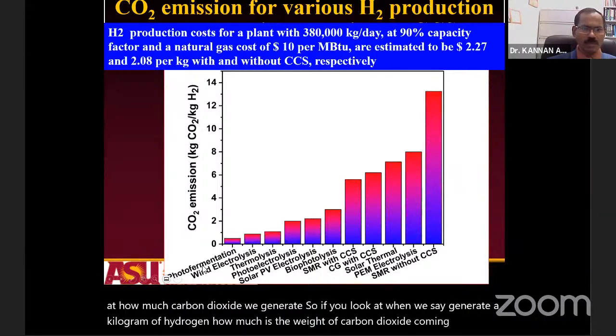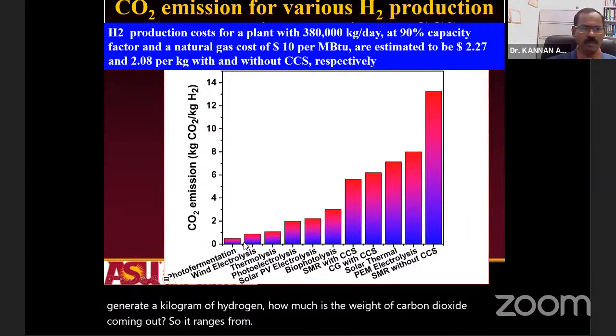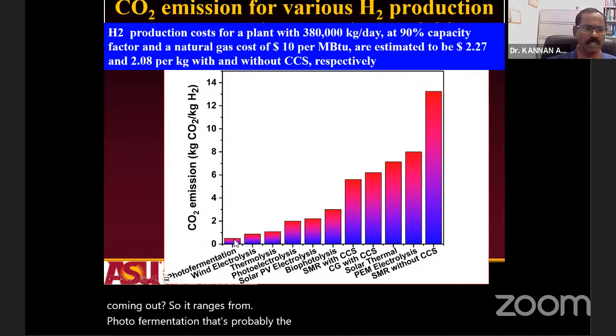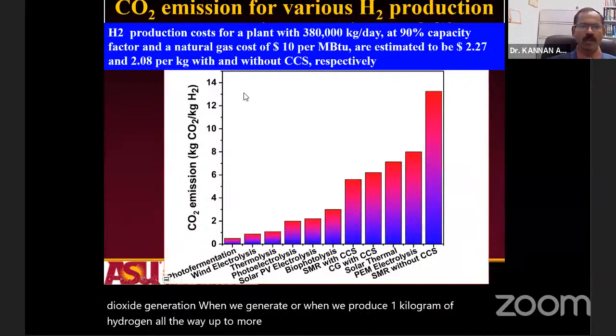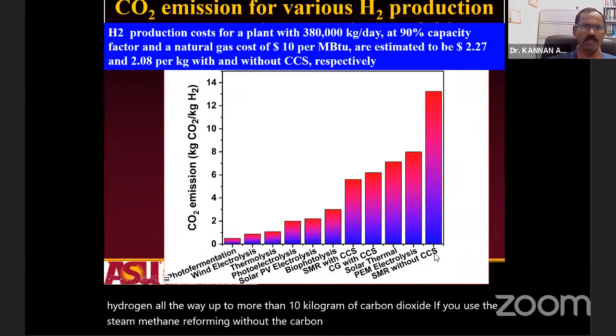It ranges from photo fermentation, that's probably the lowest, less than half a kilogram of carbon dioxide when we produce 1 kilogram of hydrogen, all the way up to more than 10 kilogram of carbon dioxide if you use steam methane reforming without carbon capture and storage.